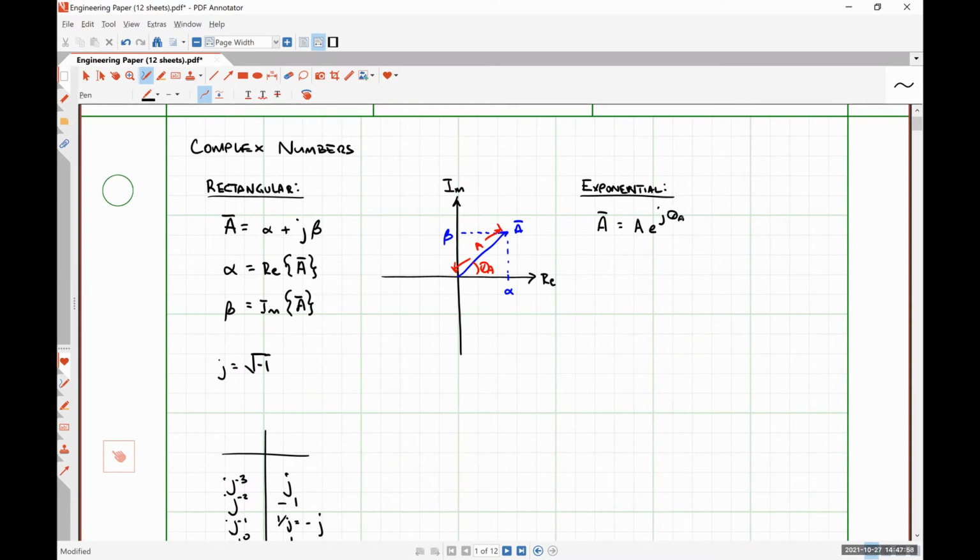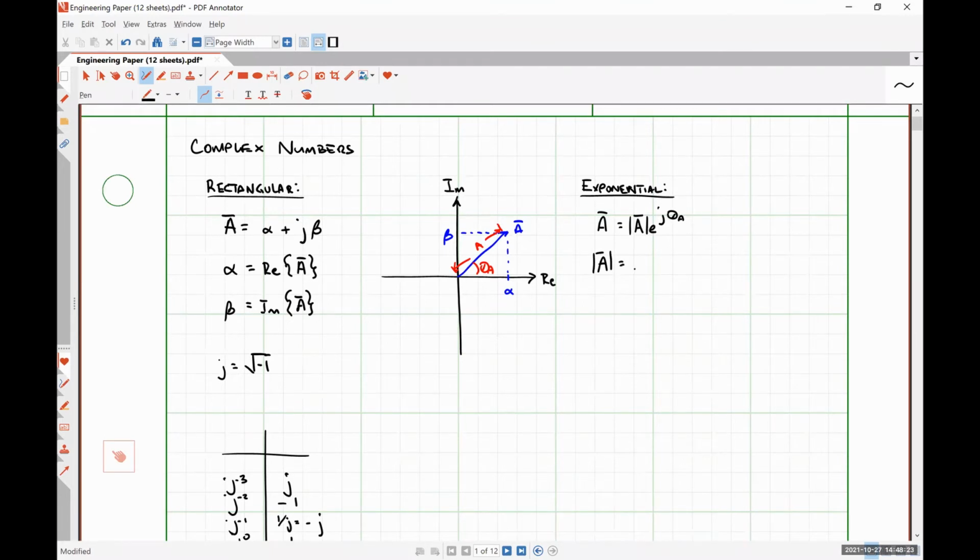All right. Actually, I'm going to change this slightly to make it a little bit more clear here. The magnitude of the complex number A. All right.